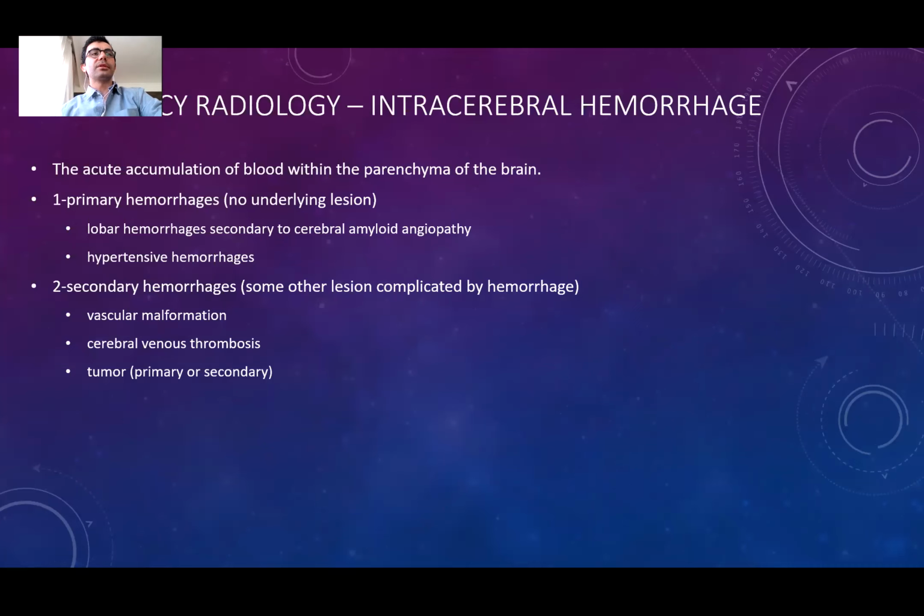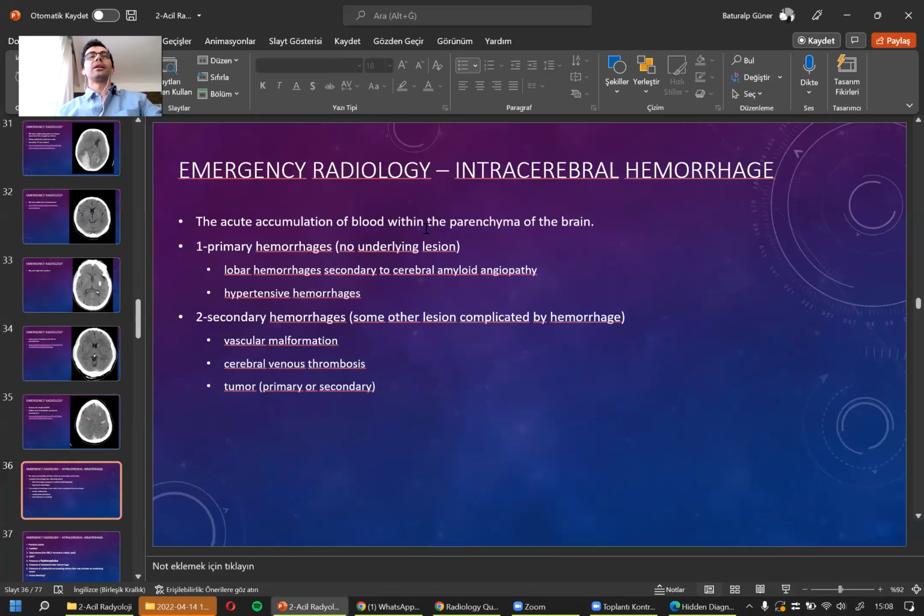The secondary hemorrhages can happen from causes which have other underlying, when there's something you can identify, like malformations or thrombosis or tumors or trauma, for example.